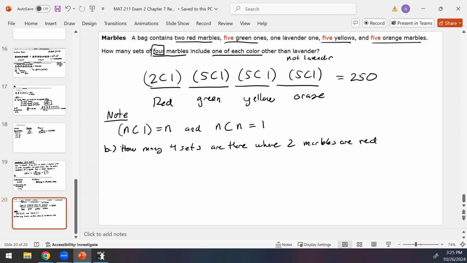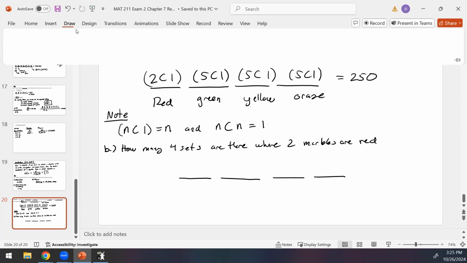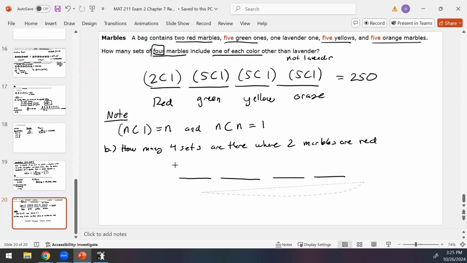So again, how many marbles do you need? Well, I need 1, 2, 3, 4, right? I need 4 marbles. However, there is a restriction. And that restriction is the first two, or the last two, or the middle two, doesn't matter, but there's no ordering here. We need to make these red, okay? So two of the marbles are already picked for you.